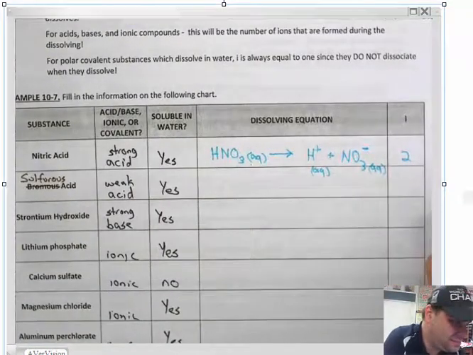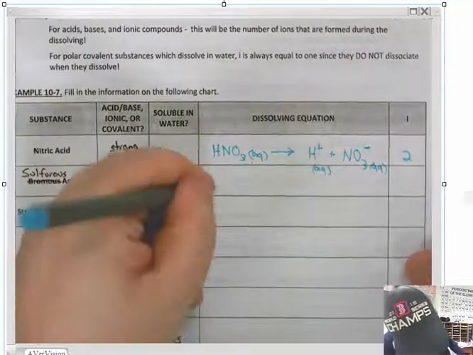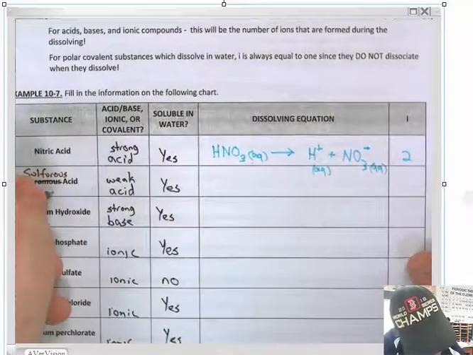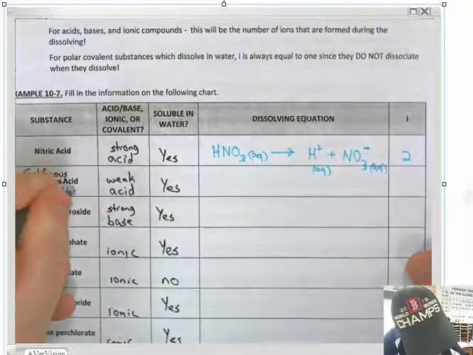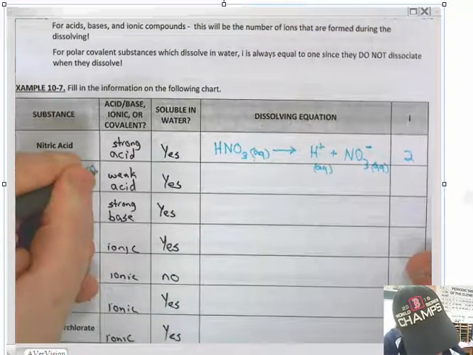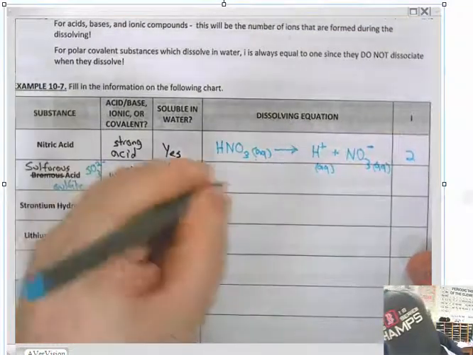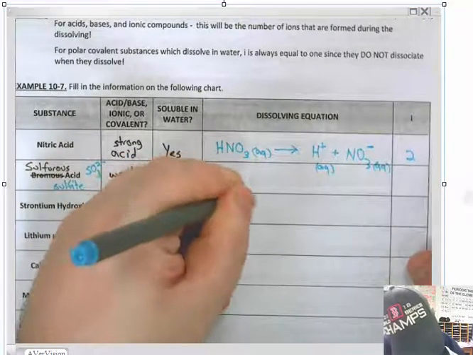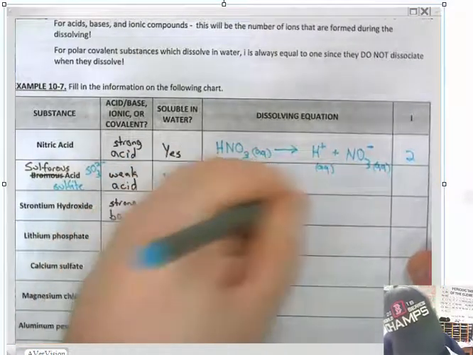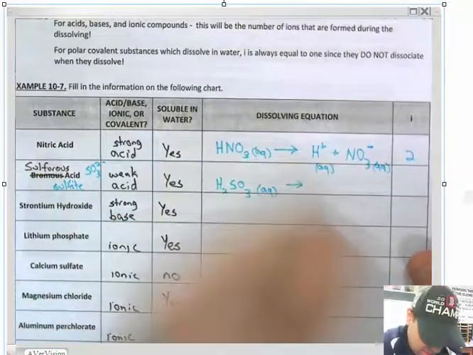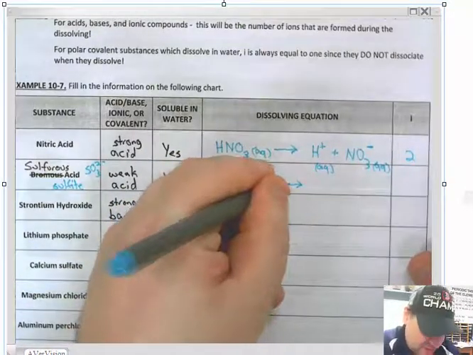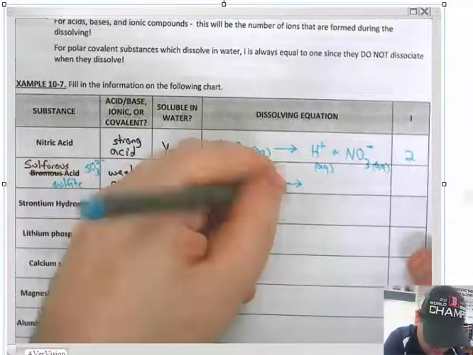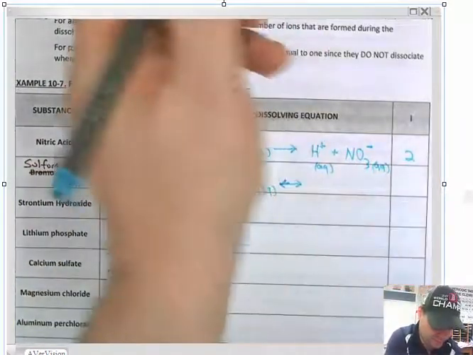Sulfurous acid. Sulfurous acid is the acid of sulfite. Sulfite is SO3 2 minus. So this is H2SO3 aqueous. Now this is a weak acid, so you need the arrows that go back and forth because this is in equilibrium.